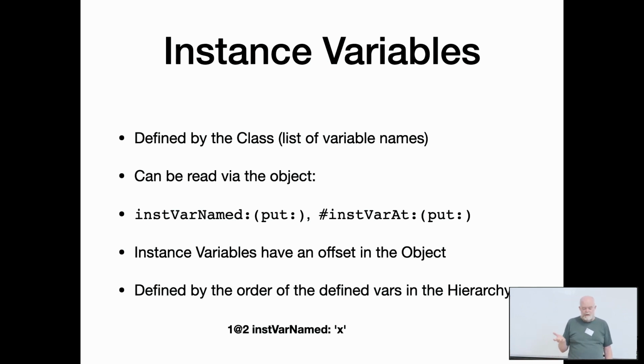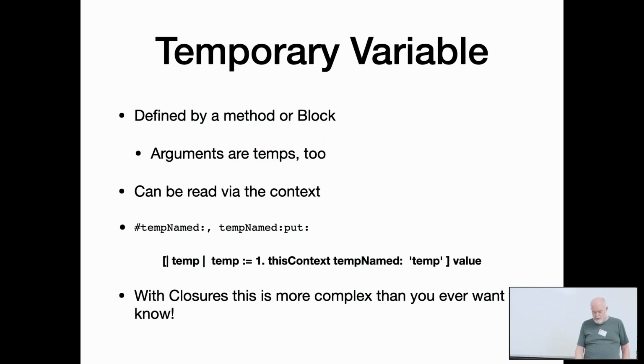Instance variables have an offset in the object, and that's the same offset then in the list of variables that you have in the class. And if you have a class hierarchy, then of course you need to always take into account the superclass variables too. So if you have two variables in a class, the superclass variables are part of the variables of the instance. So yeah, in the end, quite simple.